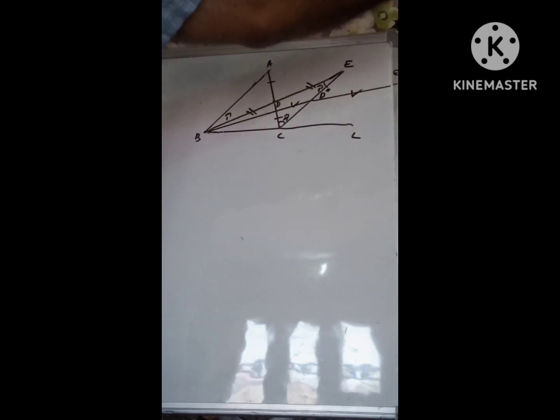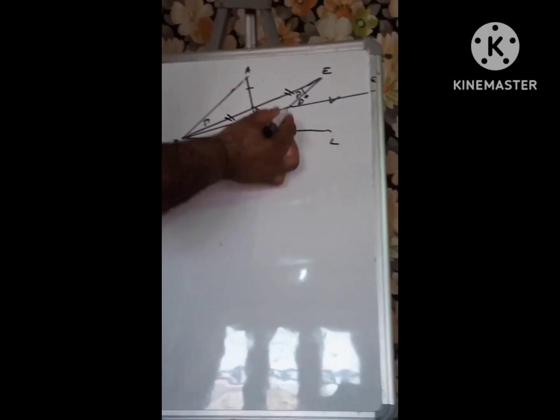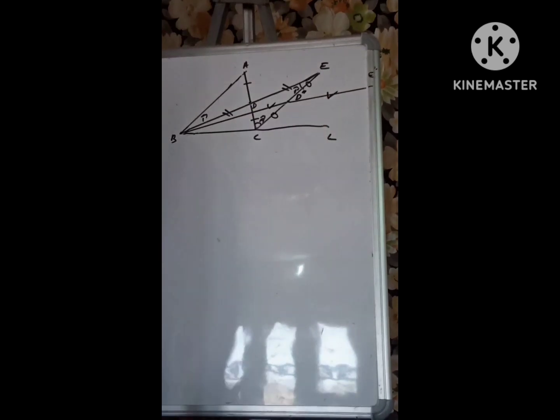It will be somewhere there. Of course, this equals this, because D double dash is the midpoint of EC.